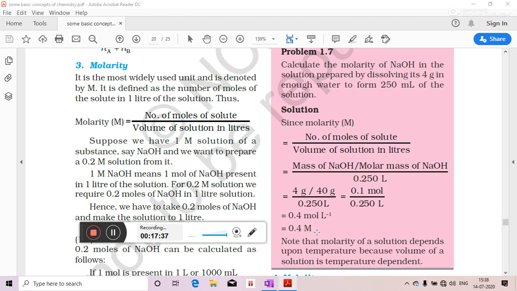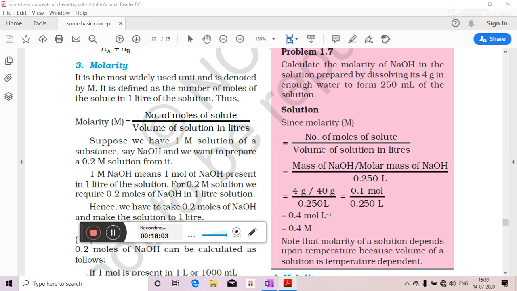Now one thing which you have to remember is that the molarity of a solution depends upon temperature because volume of a solution is temperature dependent. So we can see that in the equation of molarity, in the denominator volume is there, and volume depends on temperature.